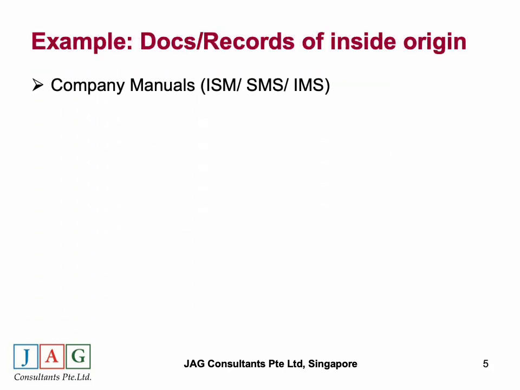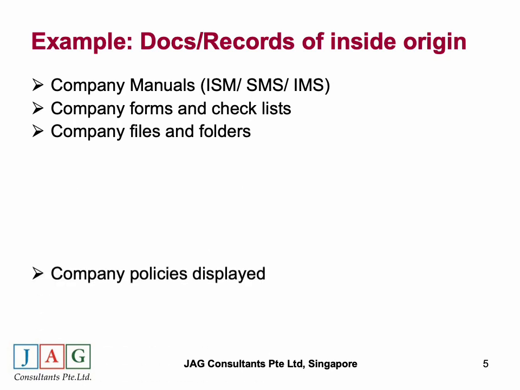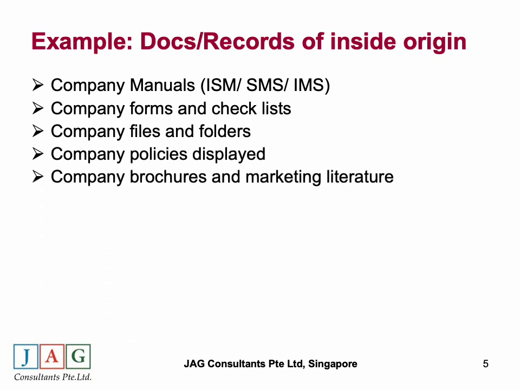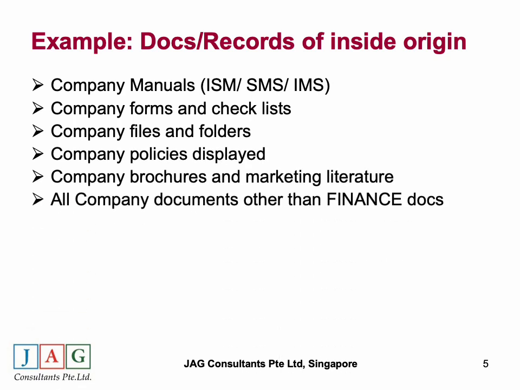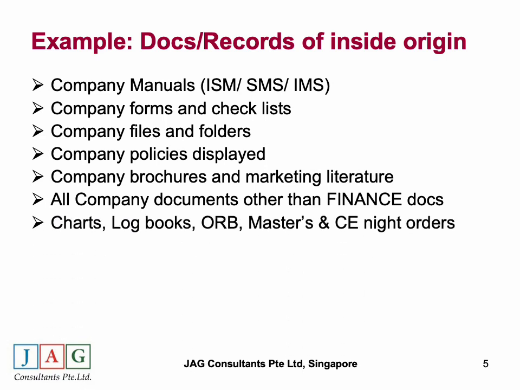Now, what are the documents of inside origin? Typically, internal origin could include the company's ISM, SMS, ISO manuals, company forms and checklists, files and folders, policies displayed, brochures and marketing literature. All company documents other than finance documents. Generally, finance has been kept out of management system documentation. Why?